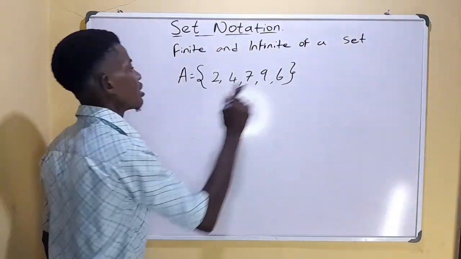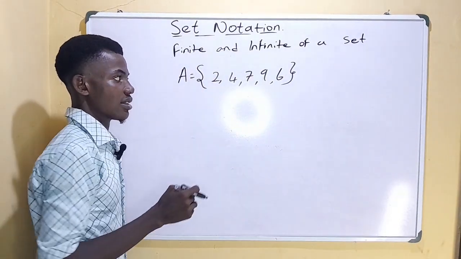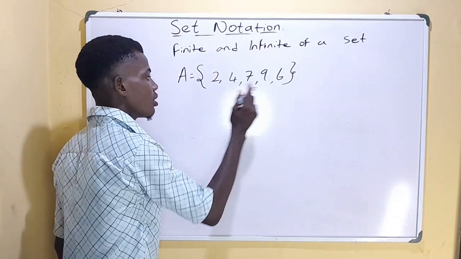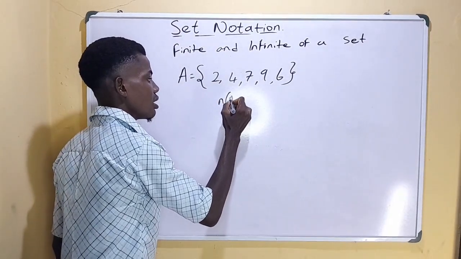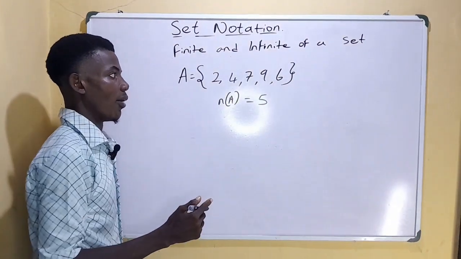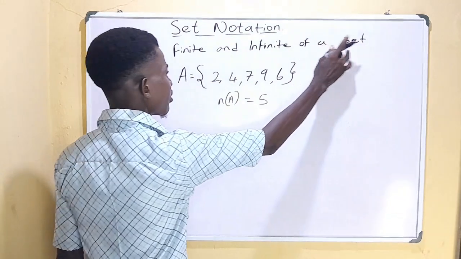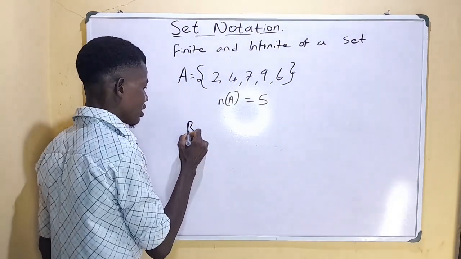Now, this is a finite set, because the cardinality of set A is equal to 5 here. So it is countable.